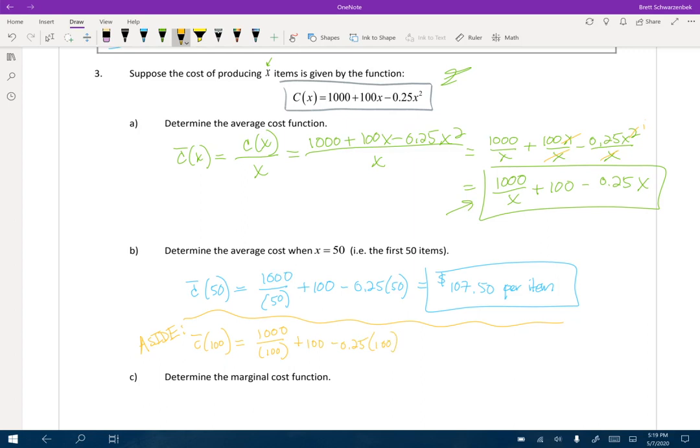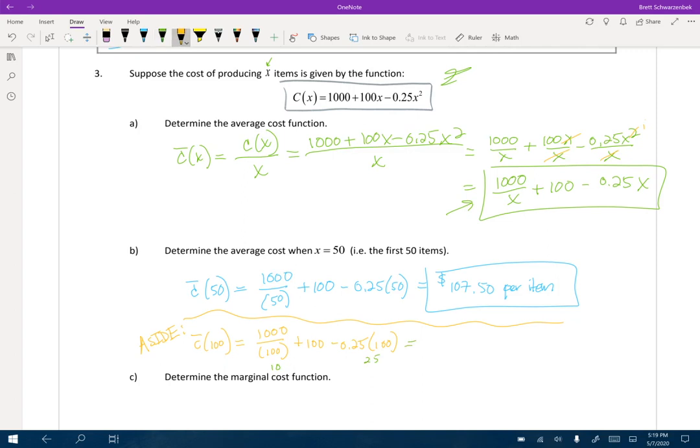So I'm doing this on a whim here, so let me just do some calculator action. So 1,000 divided by 100, which will definitely be 10, plus 100, and then minus 0.25 of 100. So just to be clear, this is 10 right here, and 0.25 of 100, of course, a quarter of 100 is 25. So we're going to get 135 as our value.